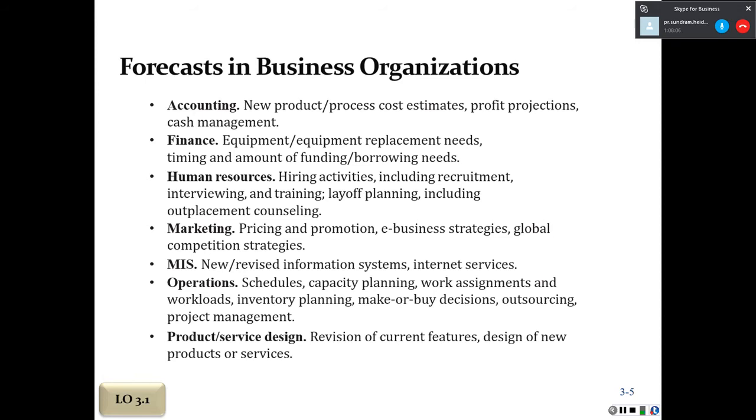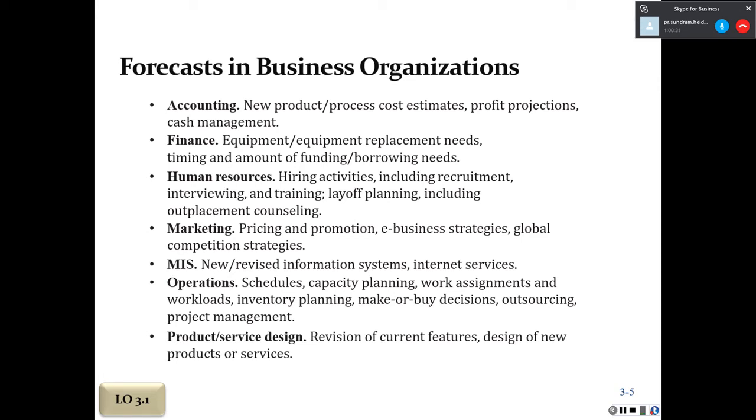When forecasting is used in a business, it's going to affect the decisions and activities throughout an organization. As you can see, forecasting is used in accounting. Forecasting is also used in finance when they have an expectation of available parts or equipment.